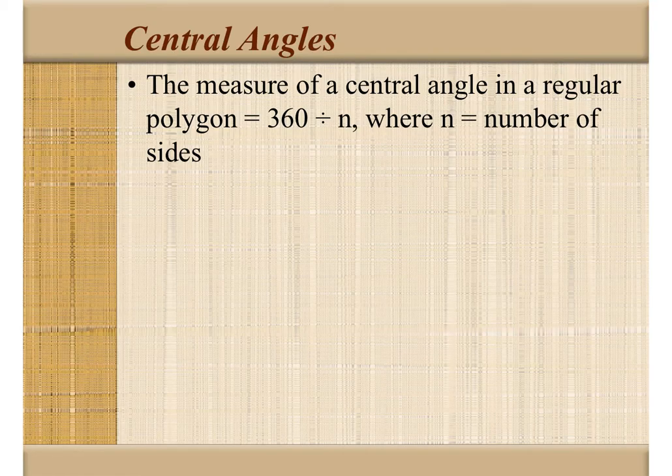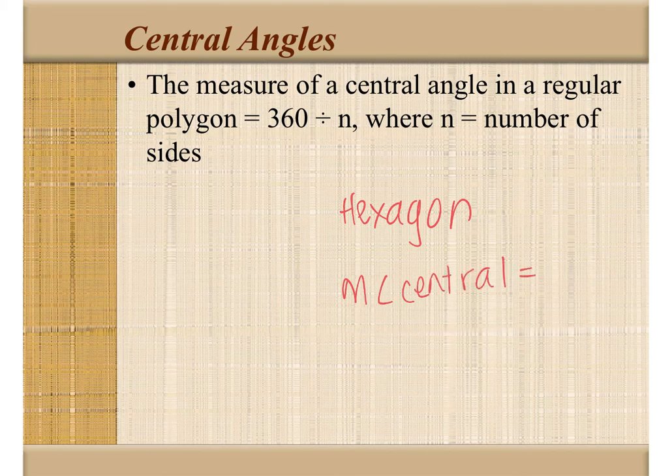All right. Now, one thing that you need to know, a central angle, you just take the number of sides of your polygon and you divide that from 360. And that will tell you the measure of each of your central angles. So let's say in our previous example, we had a hexagon. Write this down. What's the measure of a central angle? 360 divided by 6, because n is equal to 6.